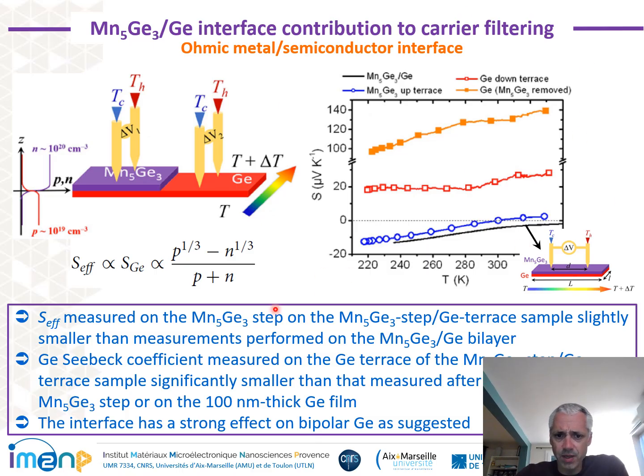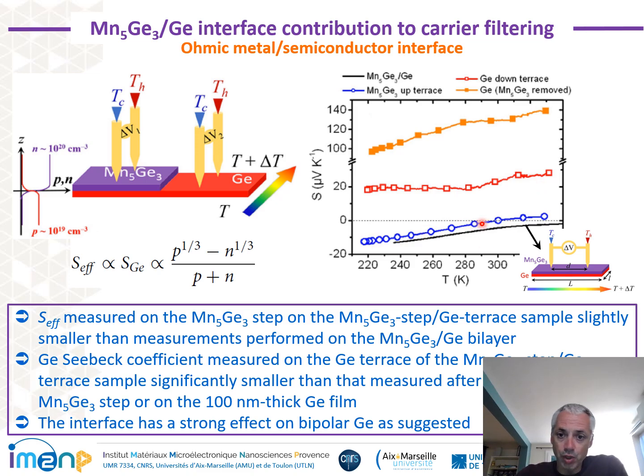So I present on this graphic the variation of the Seebeck coefficient versus temperature. In red here, this is the Seebeck coefficient measured on the down terrace on germanium, and we see that this coefficient is quite lower than in the case of the single film of germanium.